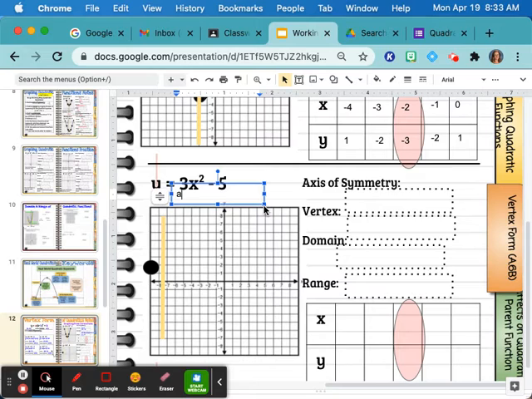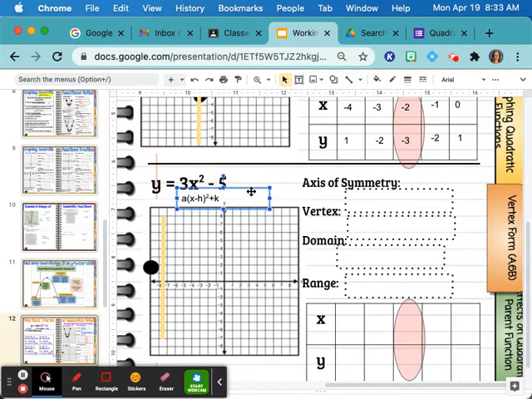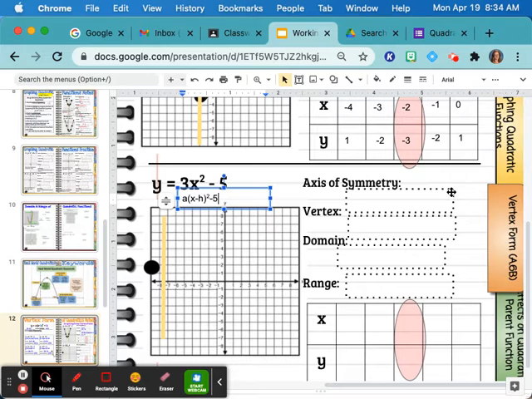It's a(x minus h) squared plus k. So what is the k value? -5. Okay. What's the h value? 0. And what's the a value? 3.